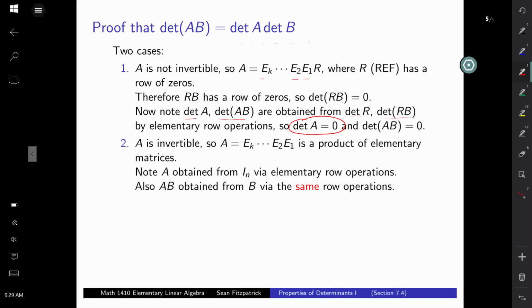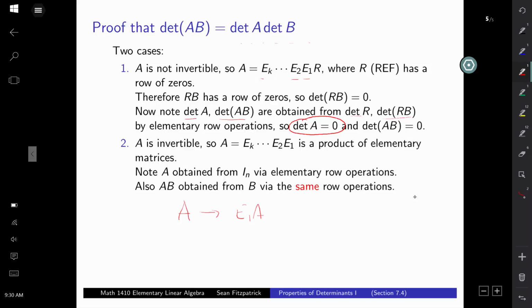If A is invertible, then A is a product of elementary matrices, right? And so then what we do is we say, okay, so you kind of start with, we start with, on the one hand, we do A, and then we do our row operations. We get to E1A.